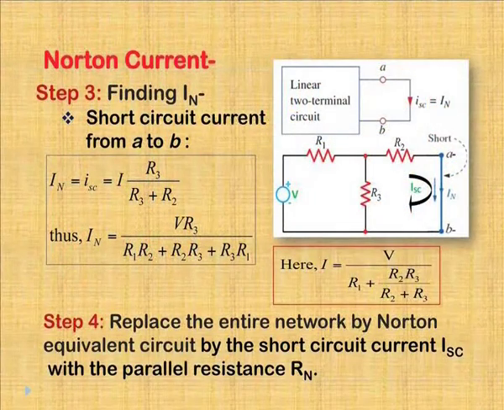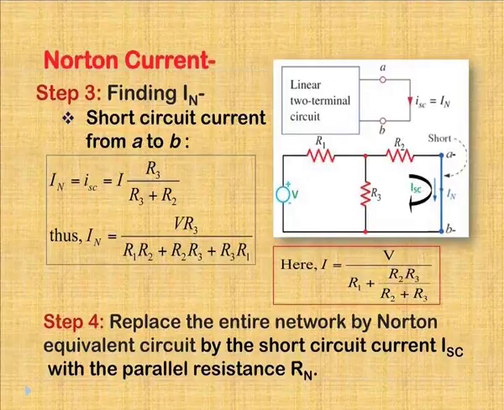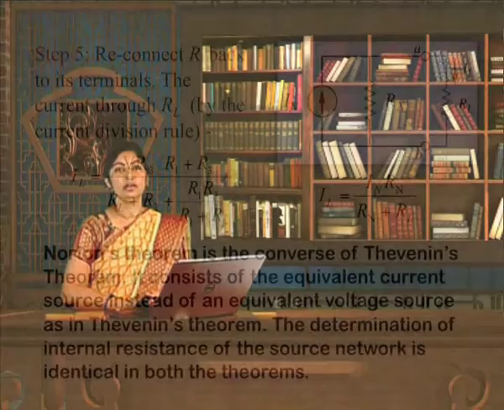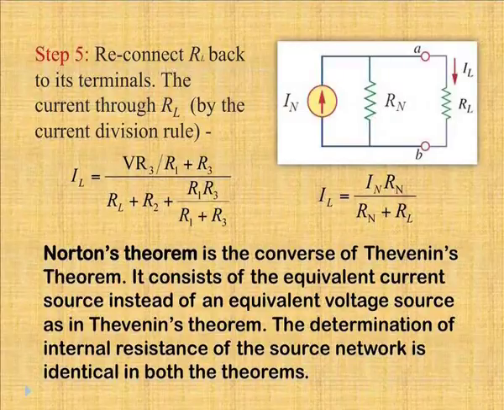Here we can find the Norton current by using just the current division law, but for finding IN we first have to find the total current I. Here we can see that I is given and we can find it directly by using Kirchhoff's law. So, we can say that our assumption for the Norton theorem is true, and we can convert any complicated network into its equivalent current source circuit.